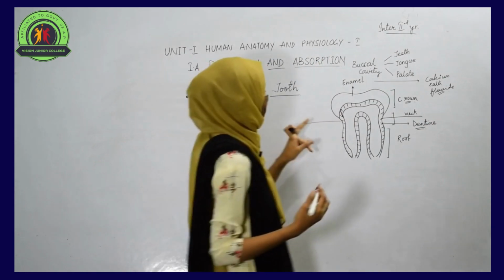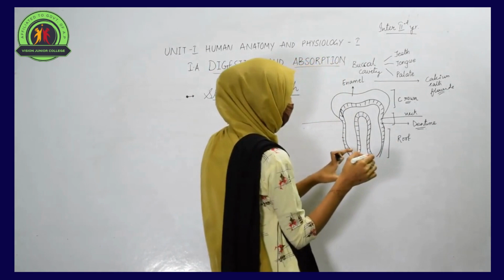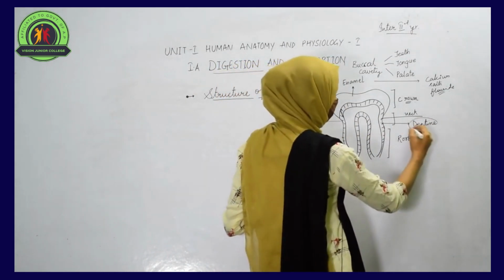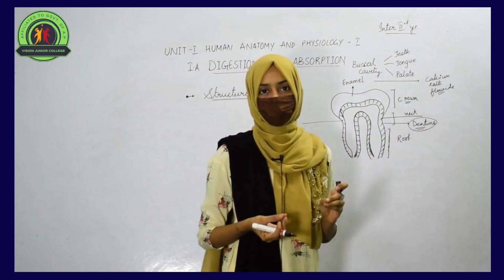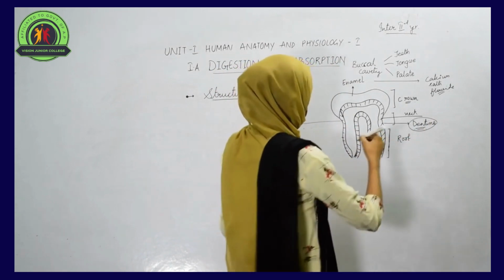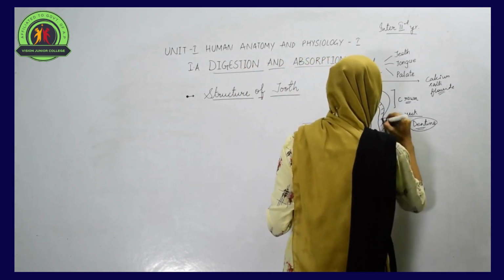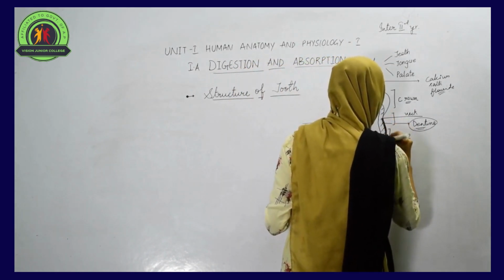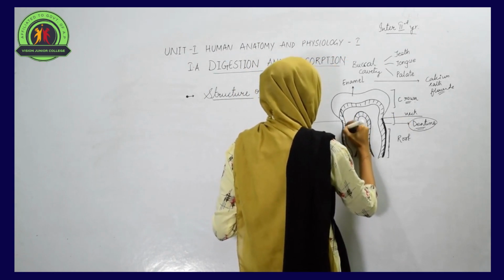The root is also a part of the tooth which is covered by dentine. The dentine of the root shows the presence of a substance called cementum. So here you can find a layer called cementum in the root region of our tooth.